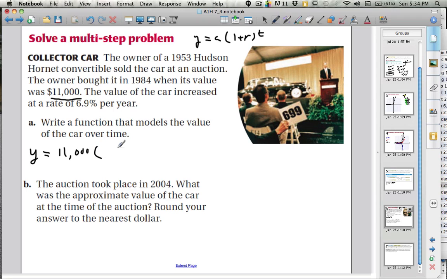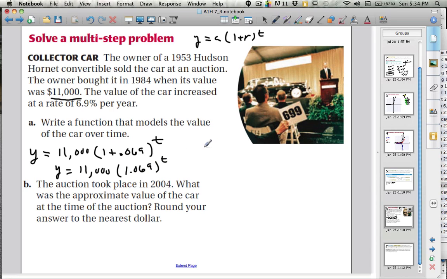That goes in for A. And 6.9 is our growth rate. But 6.9% in this formula has to be written in as a decimal. 0.069. t. Okay, and if I wanted to simplify, this would be 11,000 times 1.069 to the t.